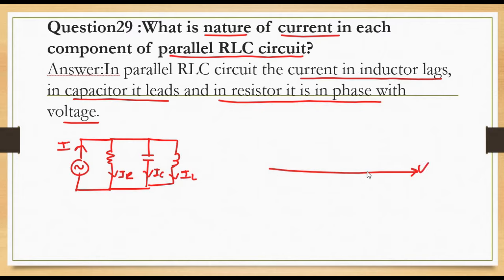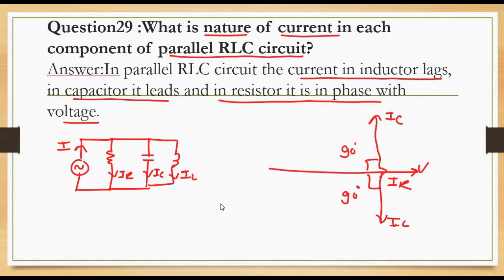The current across the resistor will be in phase with that voltage, and current across the capacitor will lead the voltage by 90 degree ideally, and similarly the current across the inductor will lag the voltage by 90 degree.